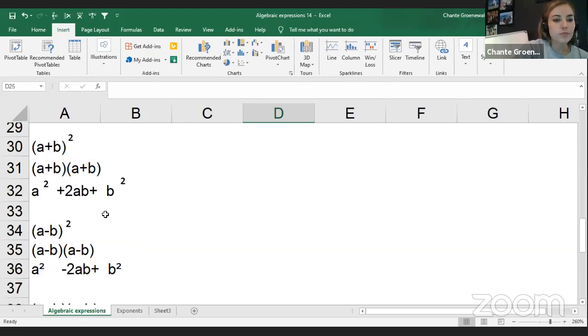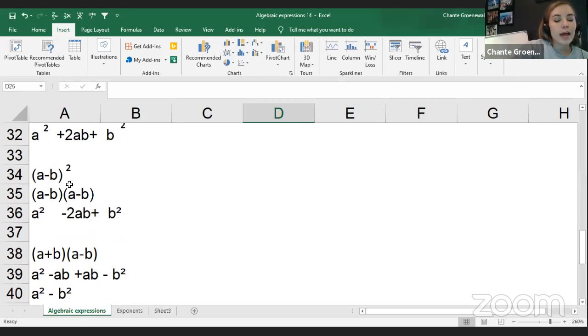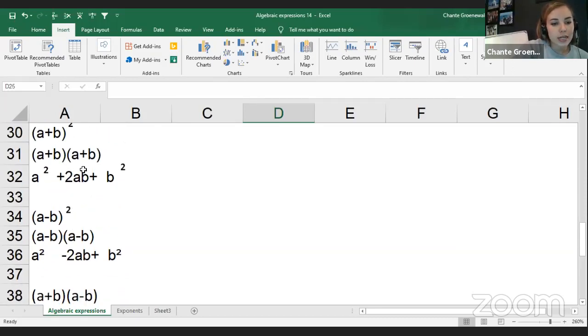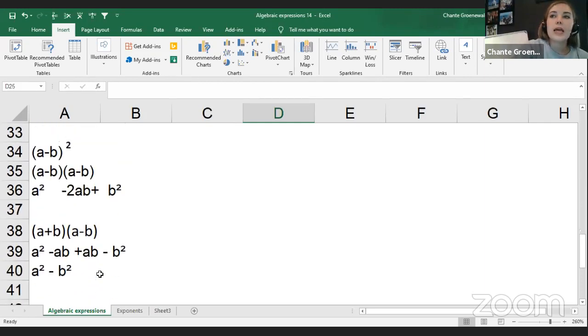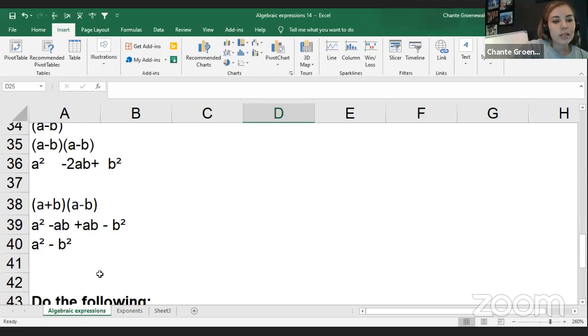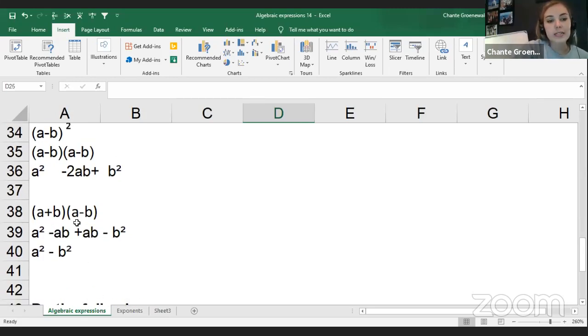Now I have a minus sign, so it's minus 2ab. Just keep in mind the small difference. If it's a plus and a minus, that middle term cancels each other out. That's very important to keep in mind. Therefore, we have just a to the power of 2 minus b to the power of 2.